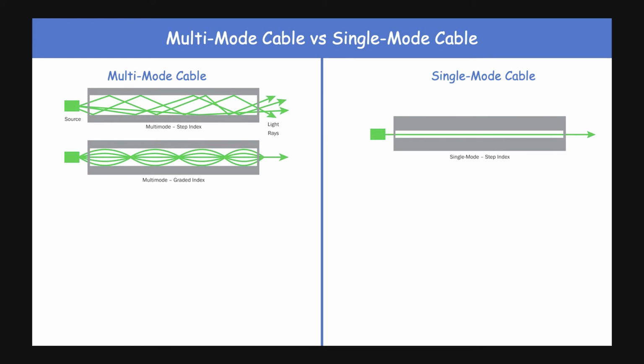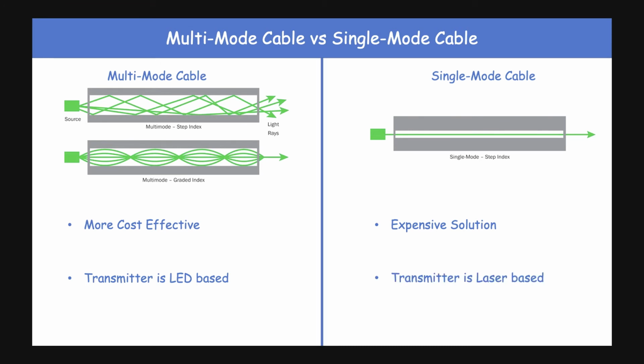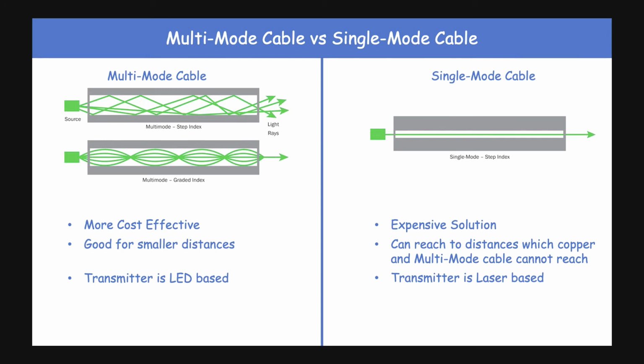Both these cables have different roles in a network. Multimode cables are less expensive as compared to single mode cables, as they use a cheaper LED-based transmitter compared to single mode, which uses a laser-based transmitter. Multimode can reach a lesser distance, but both can transmit data to a much greater distance as compared to a copper Ethernet cable.